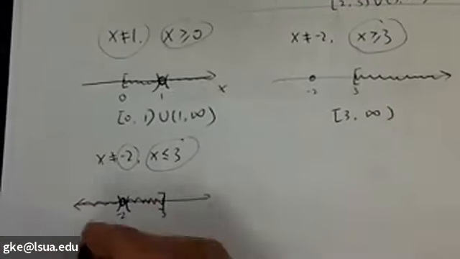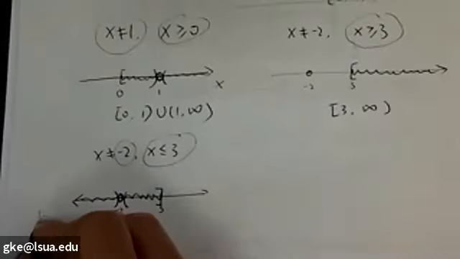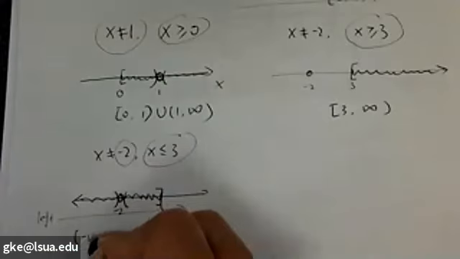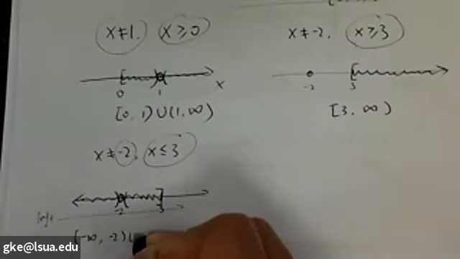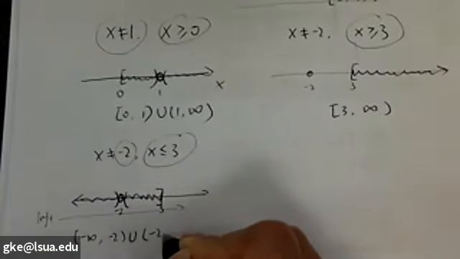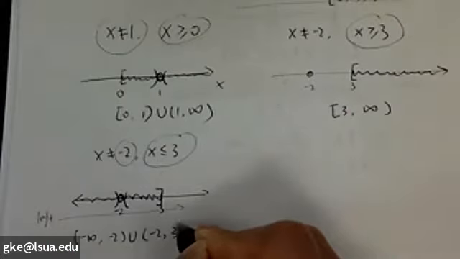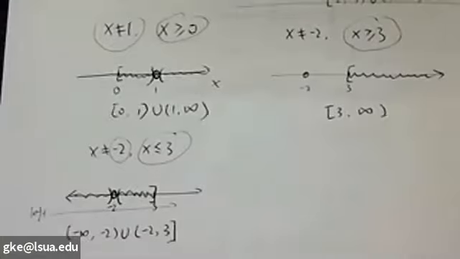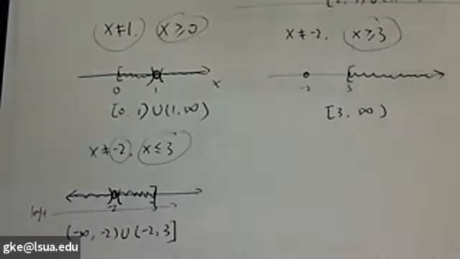So we have 2 intervals from left to right. It's -infinity to -2, then -2 to 3, and the 3 is included. Okay, that's it.